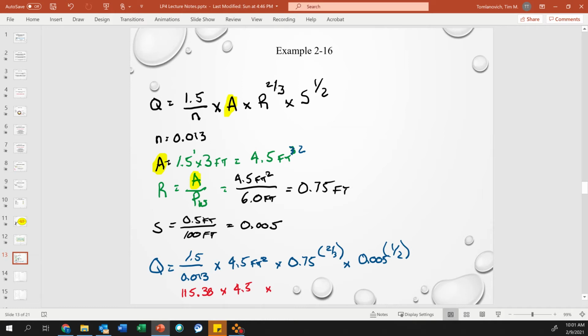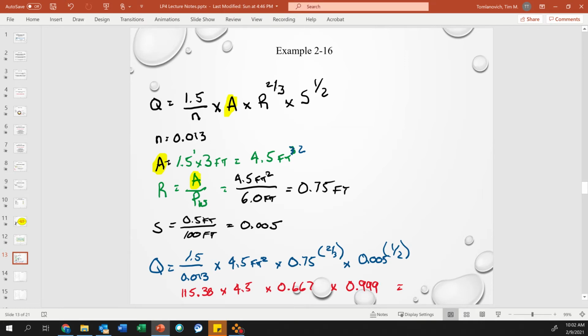So I'm raising 0.75 to the 2/3, and that is 0.667, times 0.005 raised to the 1 divided by 2. Make sure that's in the parentheses. Hit equals, times 0.999. Okay, and 115.38 times 4.5 times 0.667 times 0.999, I get 345.9.